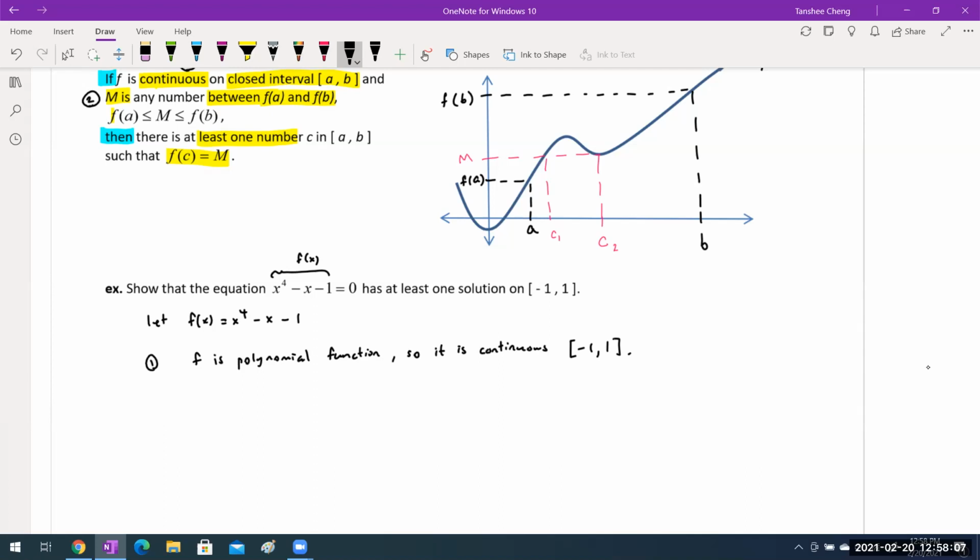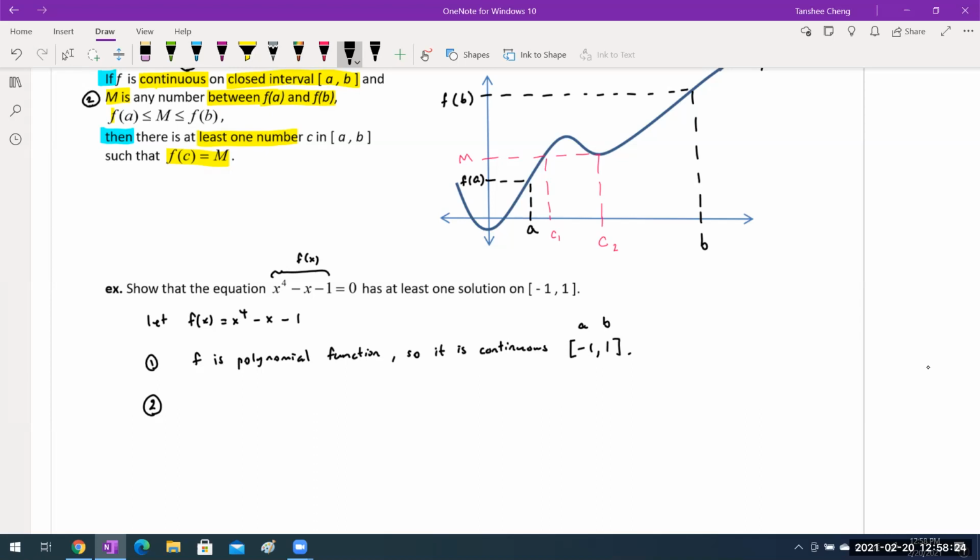And then the second part I need to show is that there is a number m such that m is between f of a and f of b, which are my a and b right here.